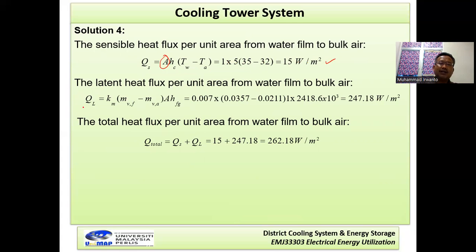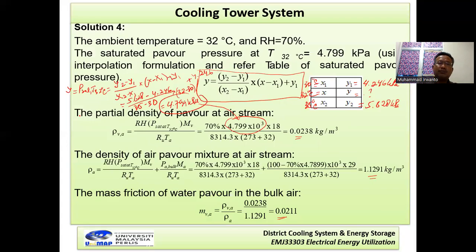After that we can find the latent heat, which is given by this formula.